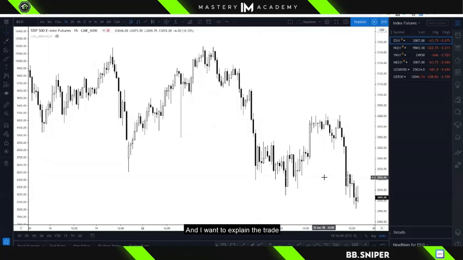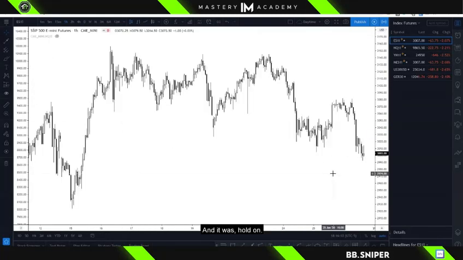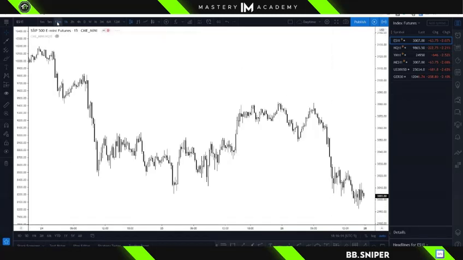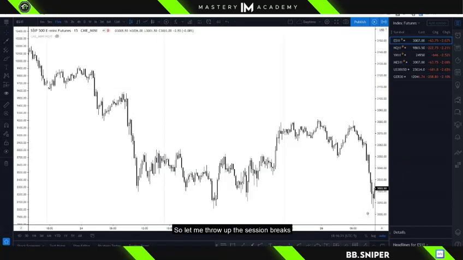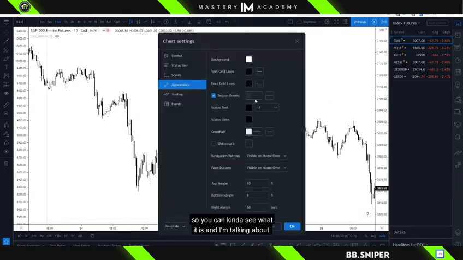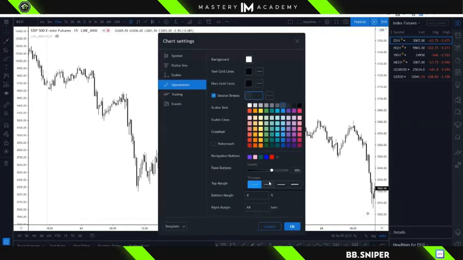And I want to explain the trade that I was looking at the other night. It was right here. All right, so let me throw up the session breaks so you can kind of see what it is that I'm talking about on the smaller time frames.